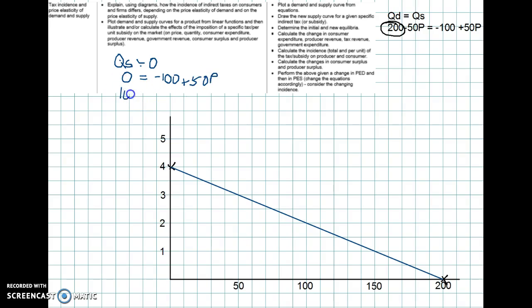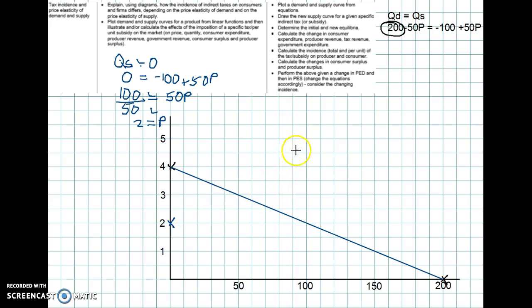We're going to add 100 to each side to get rid of that minus 100, so now 100 equals 50p. Then divide that by 50, and that leaves us with p equaling 2. So that means we've got one point there.